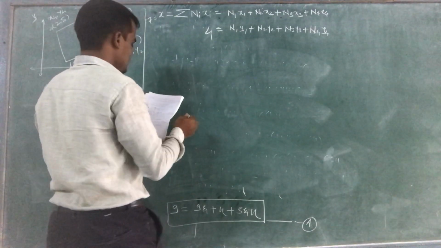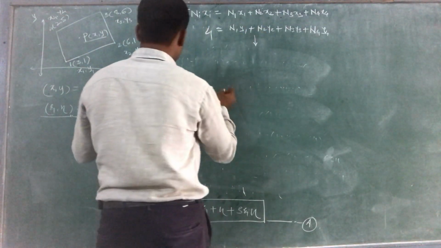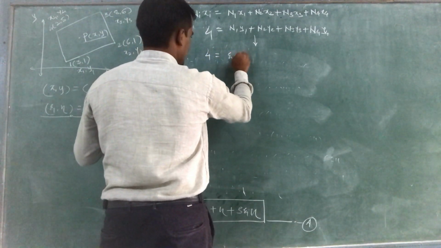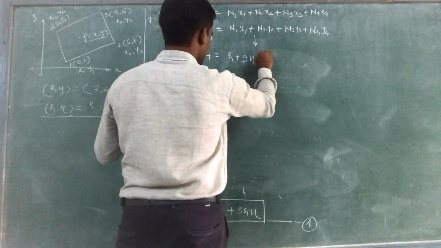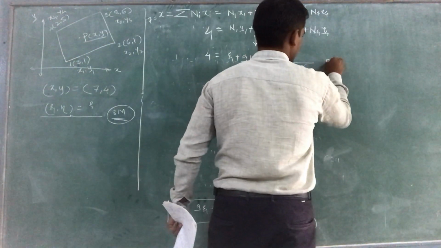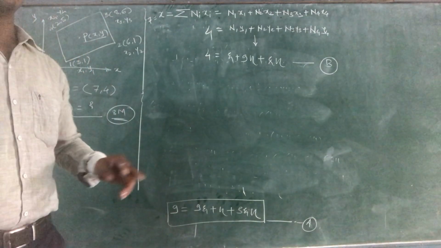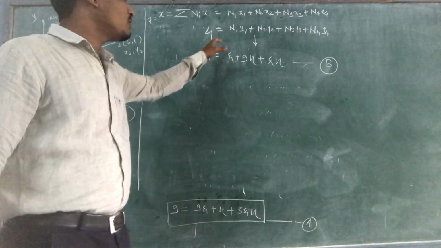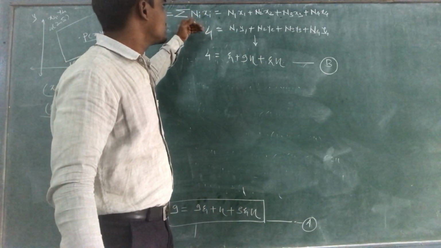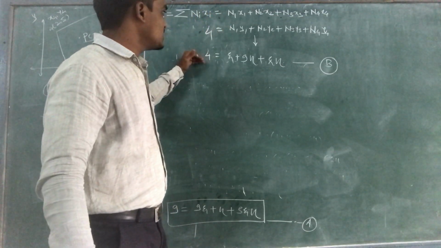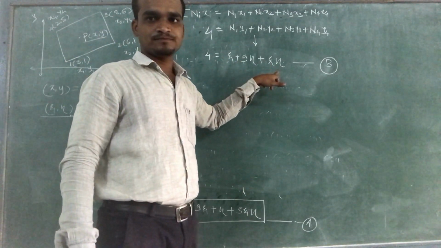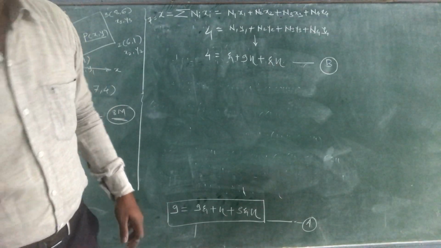From this second equation you will get the simplified second equation as 4 is equal to zeta plus 9 eta plus zeta eta. Okay, so this is your second equation, equation B.